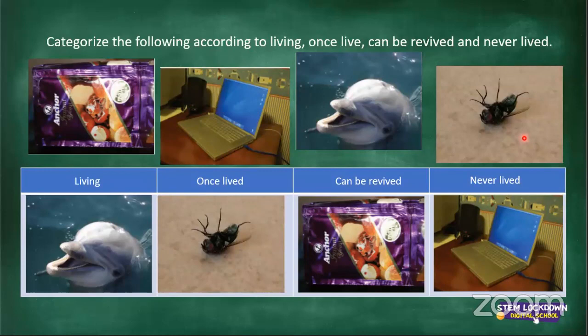Once lived. Okay. That was an easy little exercise for you guys. The bug, yes, once lived. Most bugs in my house, I can say that. If there's a bug, it's a once lived one, because it will not be a living one after I finish with it.